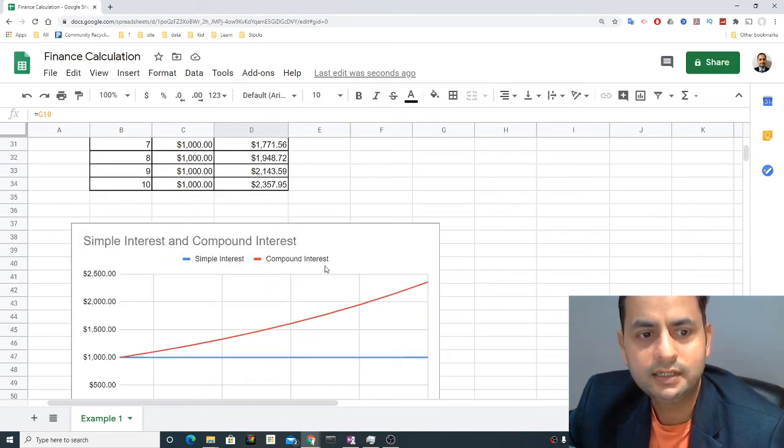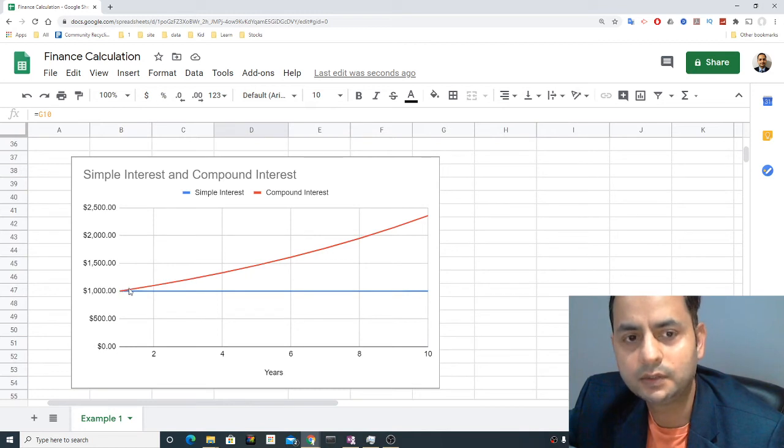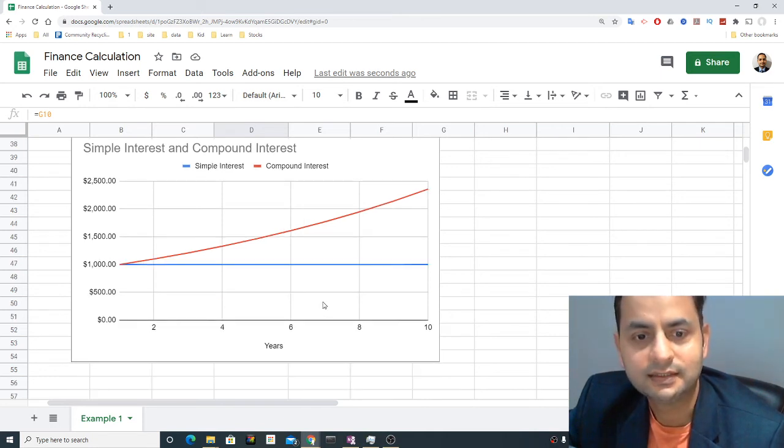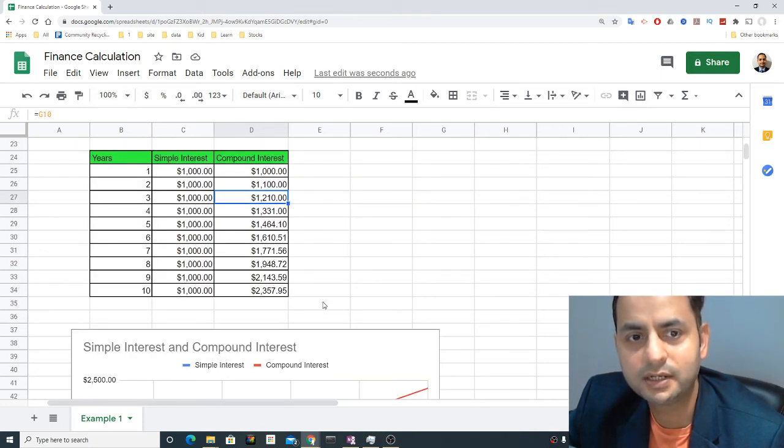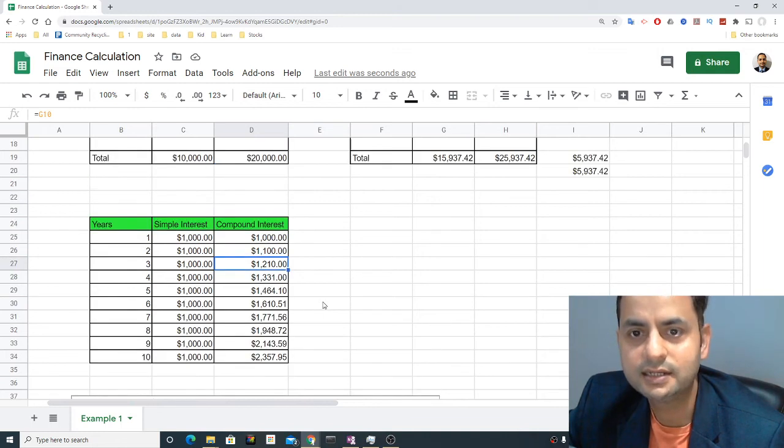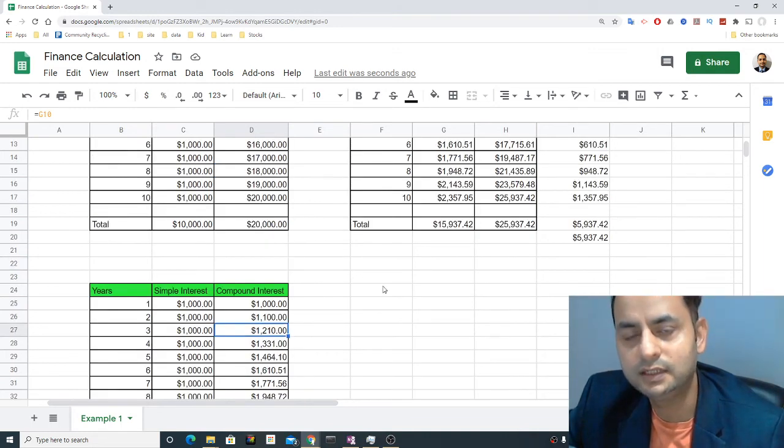If you plot it, you notice the compound interest slope is upward sloping, whereas the simple interest slope is flat. So that's the power. Whatever interest we are getting, our money works on it. That's why it also helps to buy and hold.